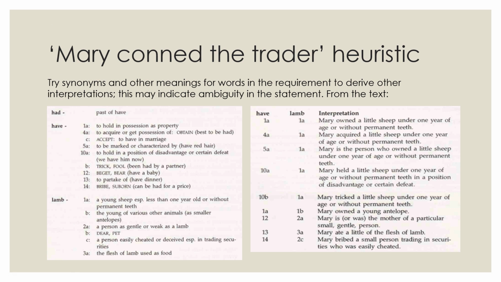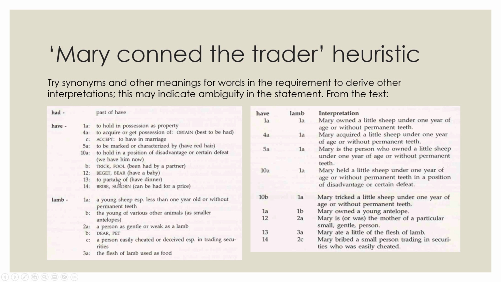But the point is, we had this obvious set of words and, very clear what it means. The Mary Conned the Traitor heuristic says, look for synonyms or alternatives. And if you're getting a bunch of them, then that indicates some ambiguity, and either by rewriting or working with whoever's going to consume the statement, make sure that they have the idea, the thing that you had in mind.